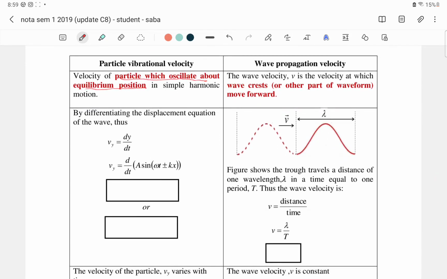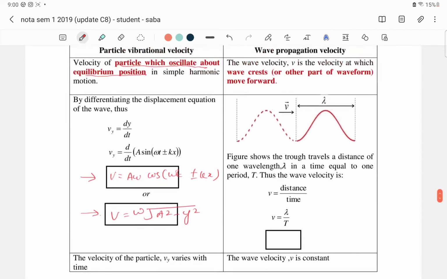Kita ada v equal to dy over dt, or we can have v equal to A omega cos(omega t plus minus kx), ataupun v equal to omega times square root of (A squared minus y squared). Okay, this one is in function of time, this one in function of y.